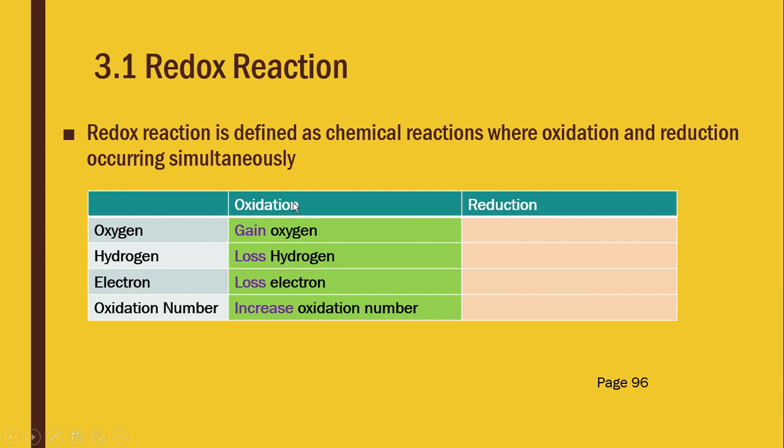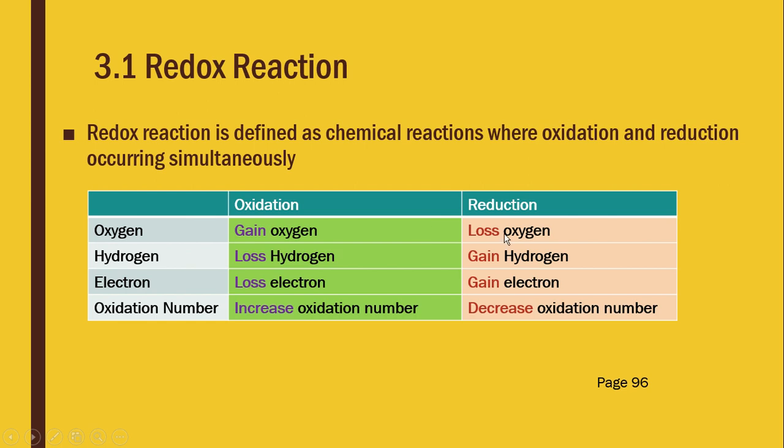So this one you have to remember. You don't have to remember both, but it is enough for you to remember one side. For example, if you memorize oxidation, oxidation is defined as the gain of oxygen, loss of hydrogen, loss of electron, and increase in oxidation number. Whereas reduction is the reverse of oxidation.